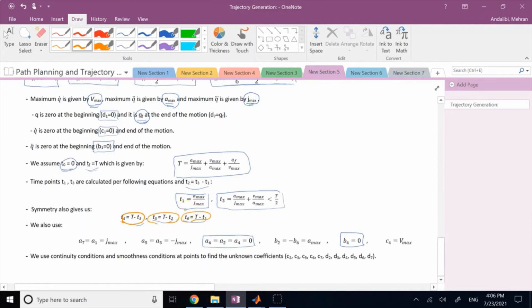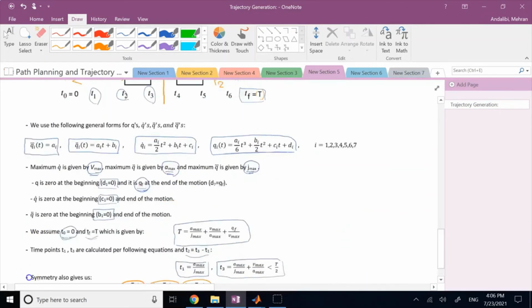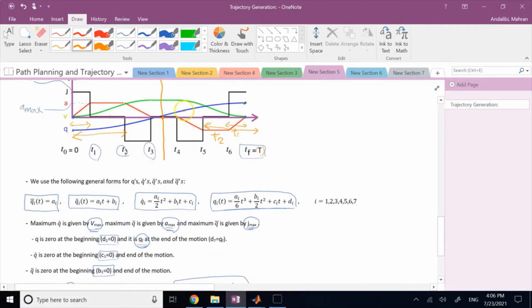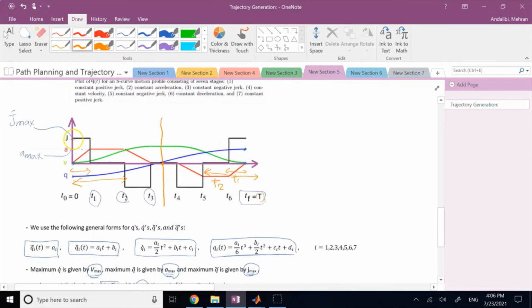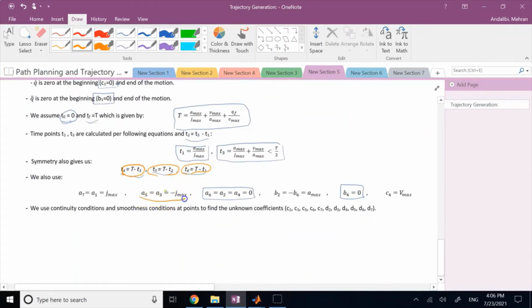Okay, and now your coefficients, the A's, can all be given based on the J values, because you see the J's are all constant. So J in the first motion and the last part of the motion are positive J max, and then we consider in the third and fifth part of the motion to be negative J max. Okay, and these are for simplicity.